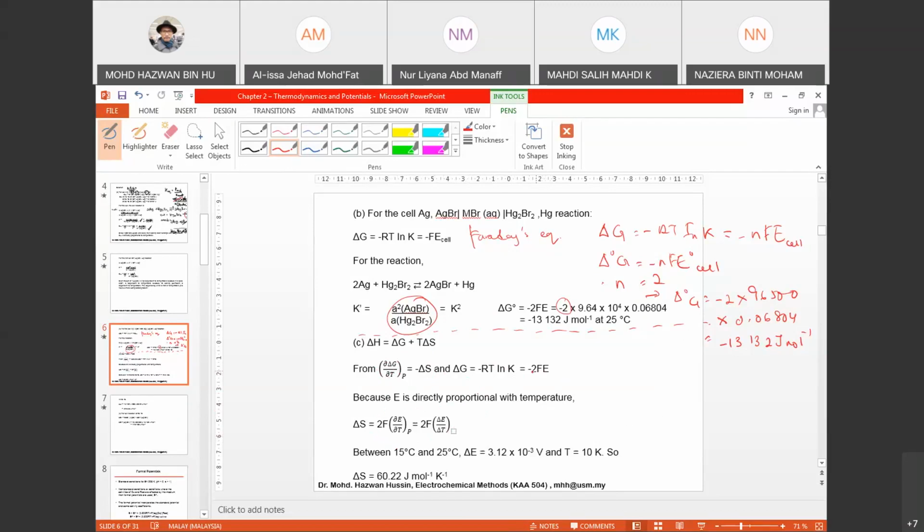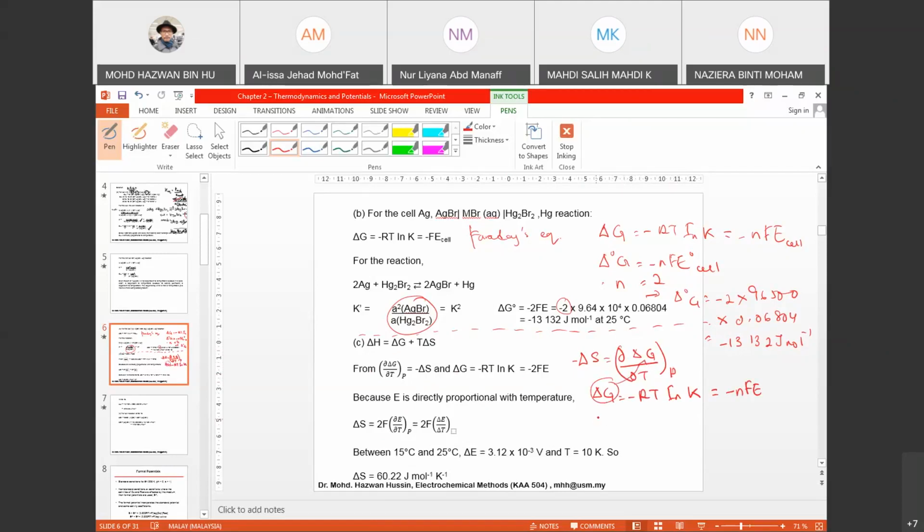2F, and I substitute n is equal to 2. As I said, delta G, you know that it is equal to negative RT ln K, or it is also equal to negative nFE. So I just substitute this one to here.